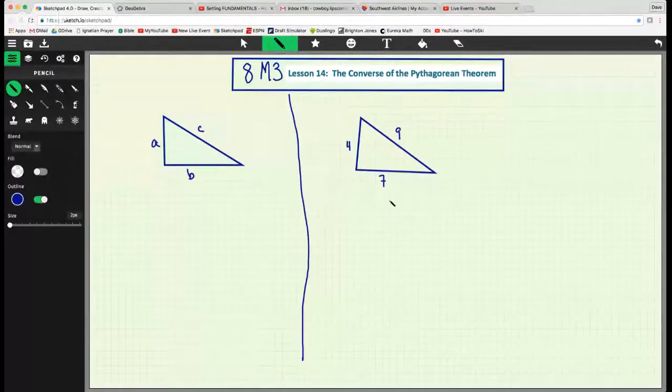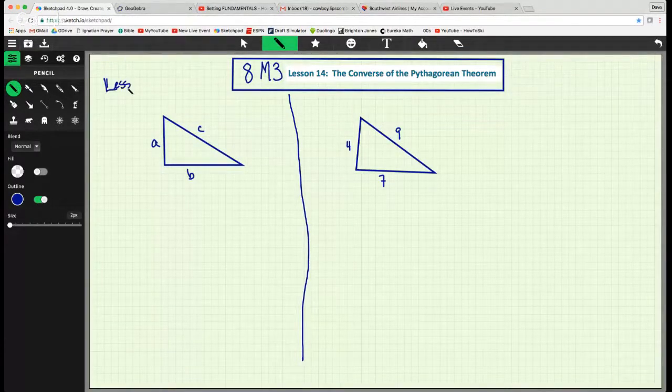The converse of the Pythagorean theorem. Let's go back and do a review. This is lesson 14 today, but we're going to talk about lesson 13 just to connect and then move forward.